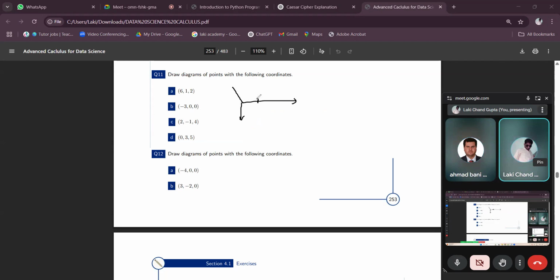Minus 1 means opposite of y, move here, and then 4 units on the z axis. Then move on the y axis. Okay. 0, 3, 5. 0, 3, then 5.